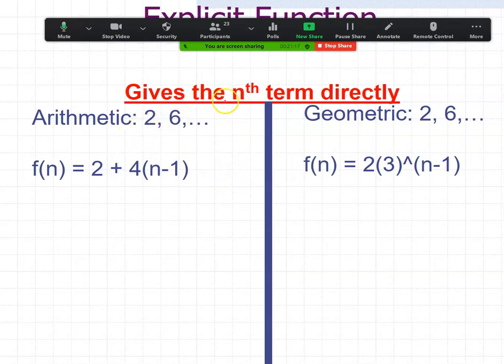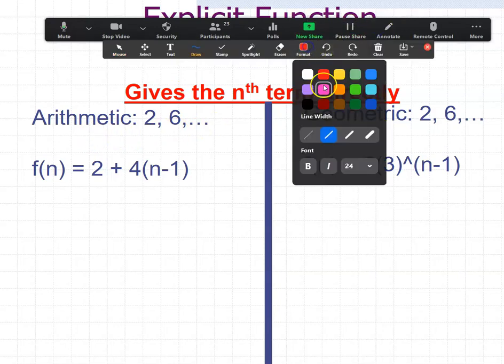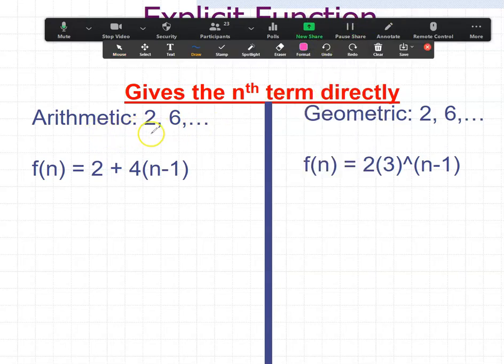Okay, so explicit gives the nth term directly. Here's a little example of arithmetic, and say the sequence is 2 and 6. But since you know that you're dealing with arithmetic sequences, you know that it has to be adding, right?